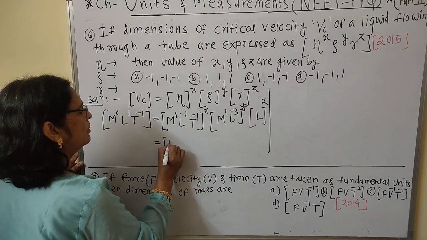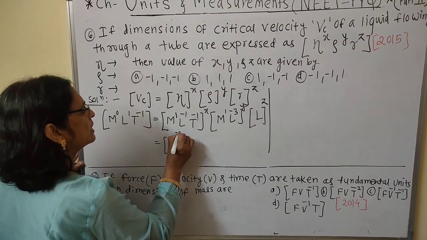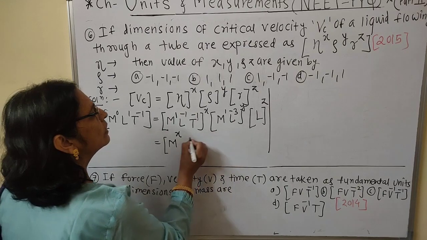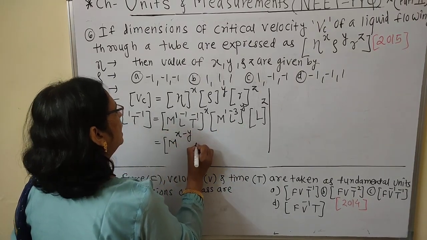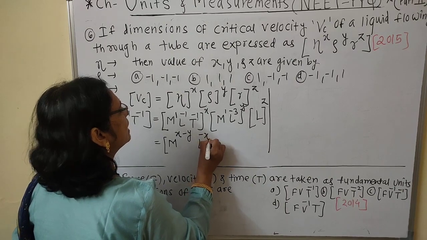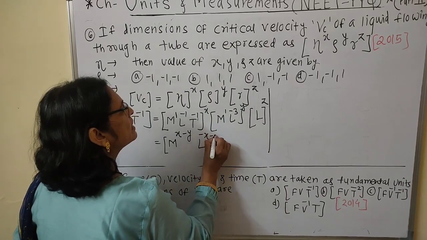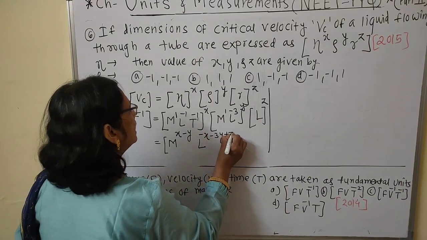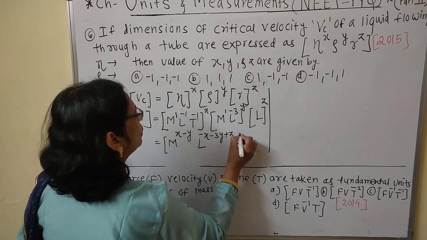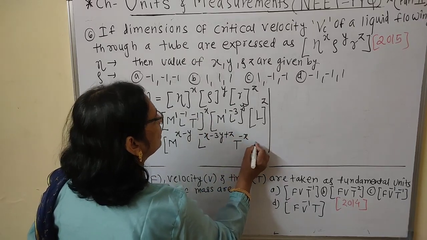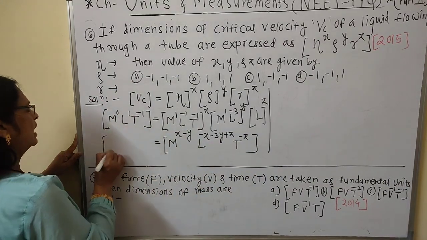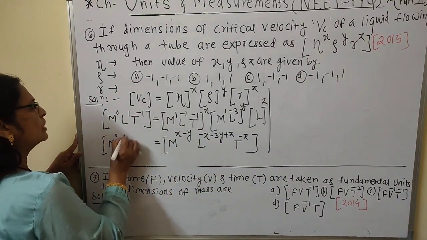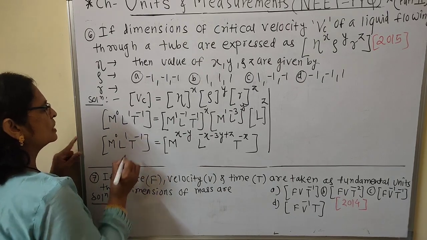Then M raised to x plus y, then L raised to minus x minus 3y plus z, and T raised to minus x. Now comparing on both sides, M raised to 0, L raised to 1, T raised to minus 1.